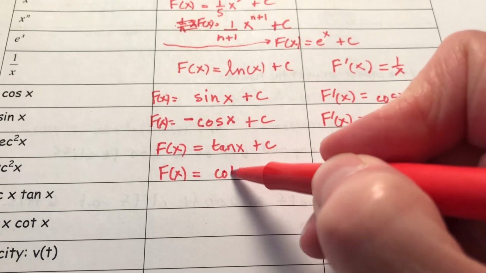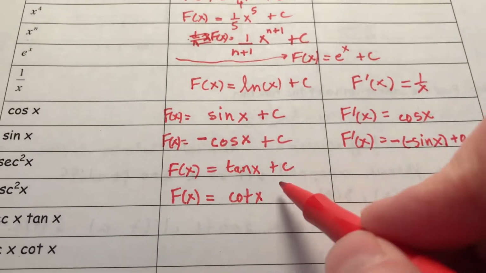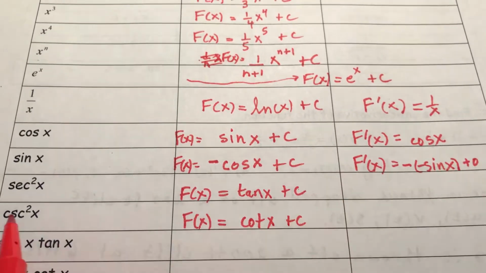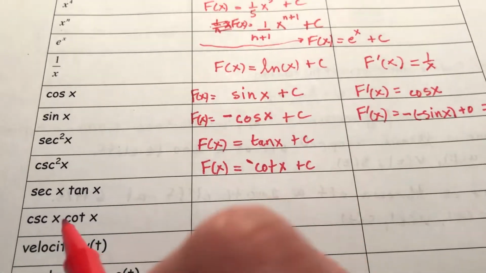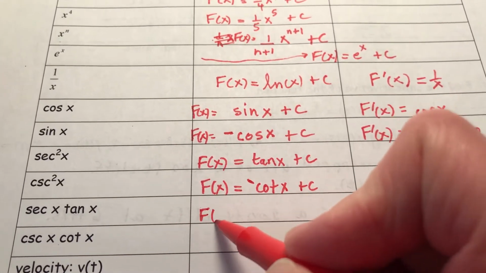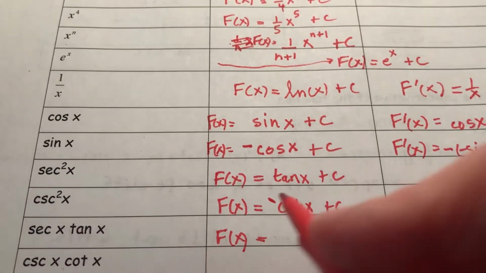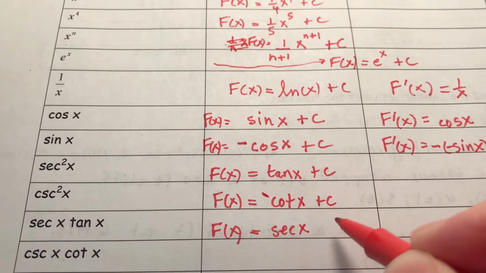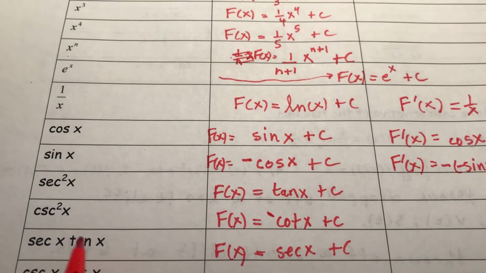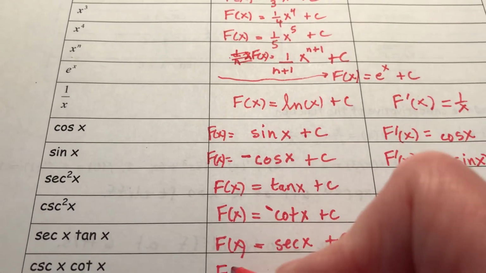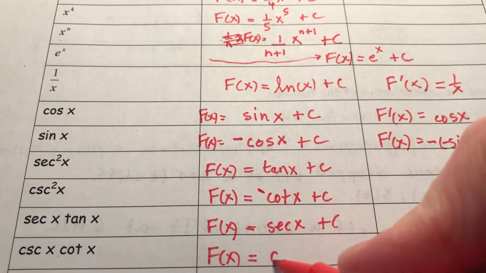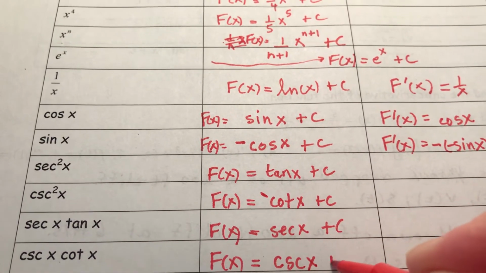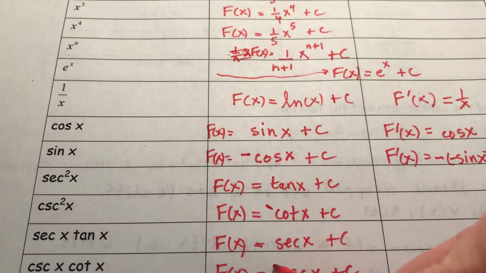Well, it's cotangent x, except the derivative of cotangent x is negative, so we have to compensate there. And here we've got secant tangent. The derivative of secant x is secant tangent. And here, my antiderivative of this one, cosecant cotangent, this one is cosecant x plus c, and it's the opposite sign.